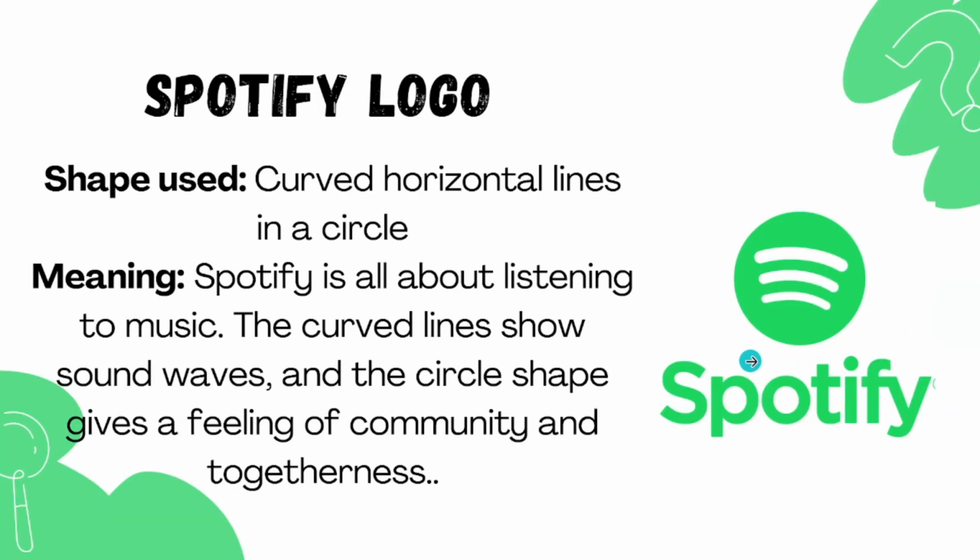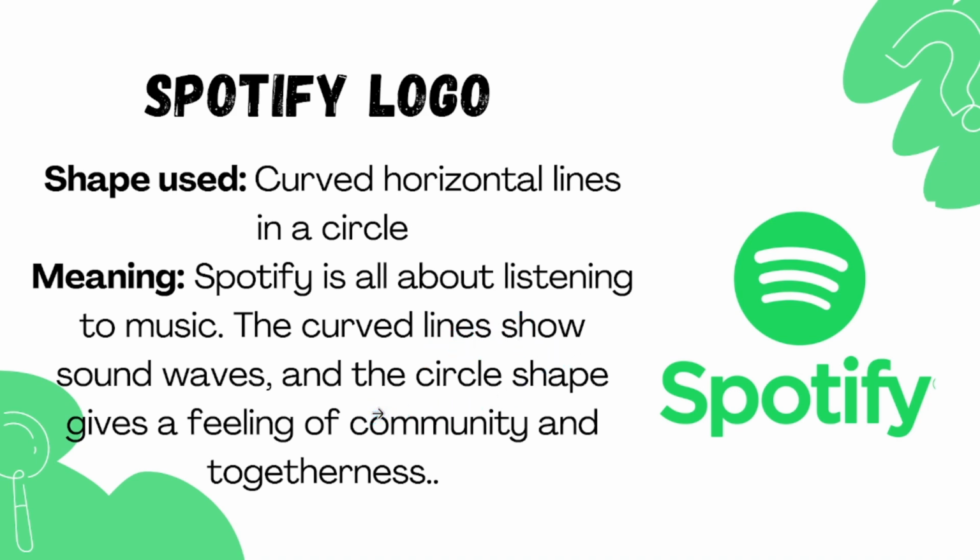The next logo we have here is the Spotify logo, the music app. They use curved horizontal lines in a circle. You see, we have a circle here, and then they use horizontal curved lines to make their logo. Spotify is all about listening to music. So the curving lines show sound waves.